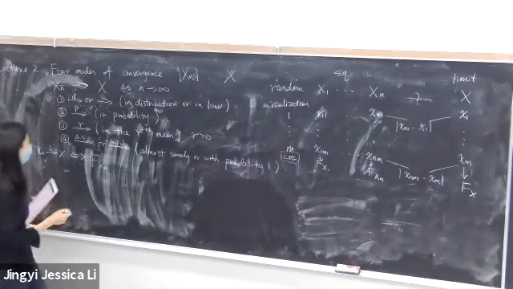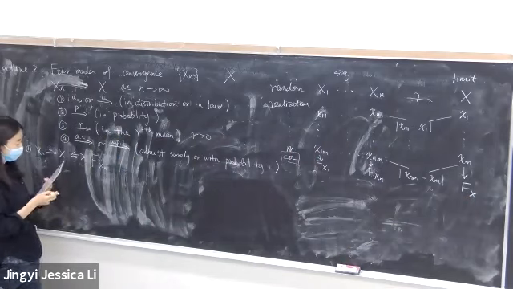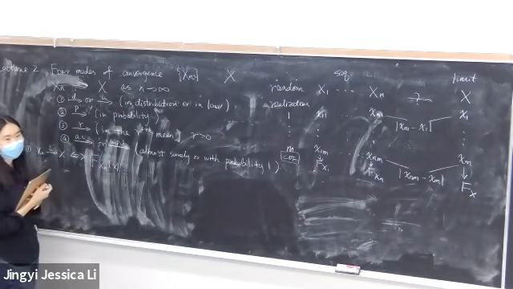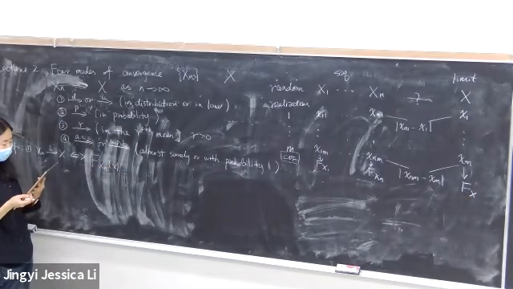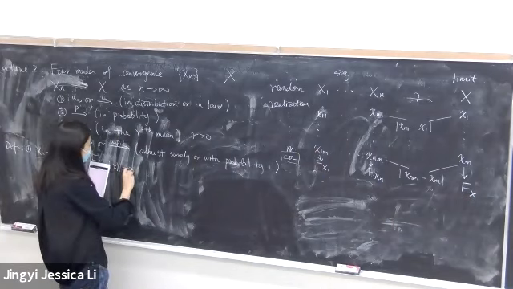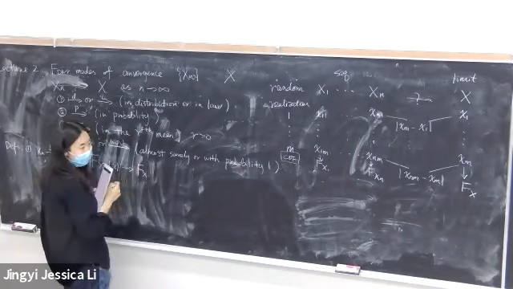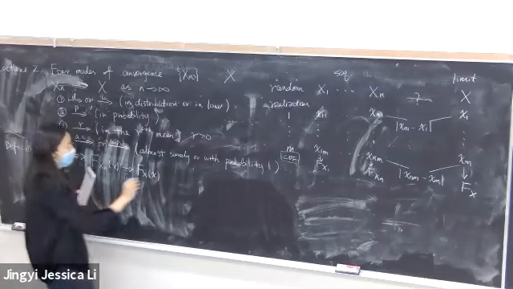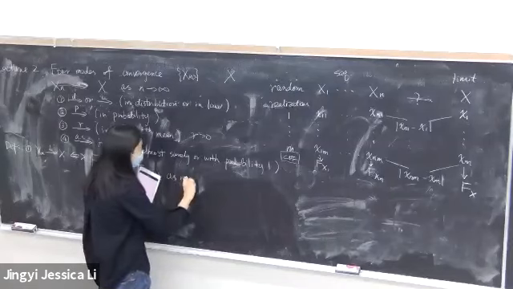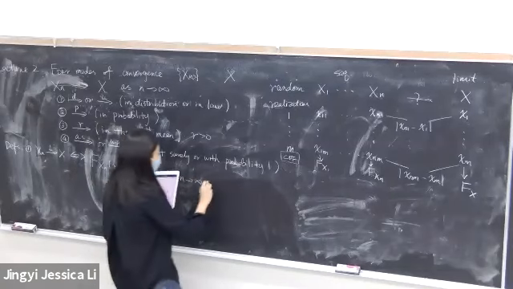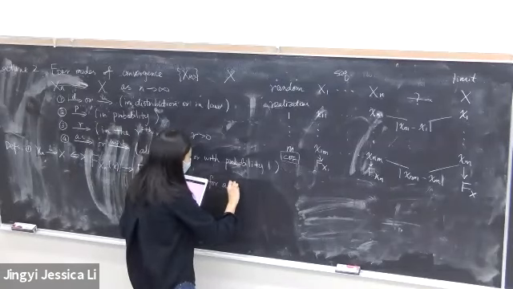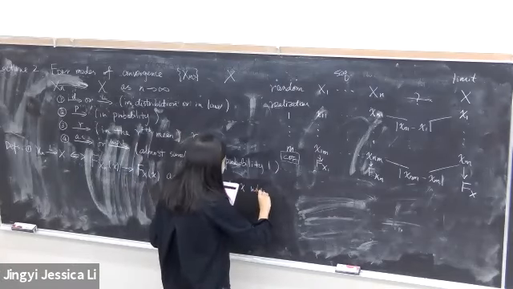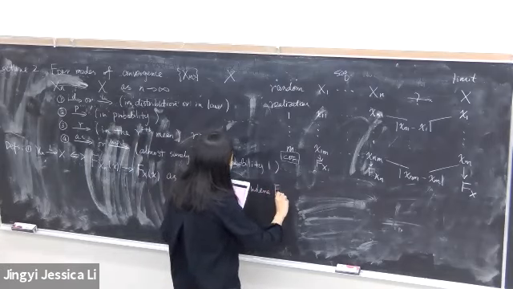So if F_Xn, the CDF evaluated at any value x in the domain, converges to the CDF of X, the limit, evaluated at the same x, as n goes to infinity, for all x where F is continuous.